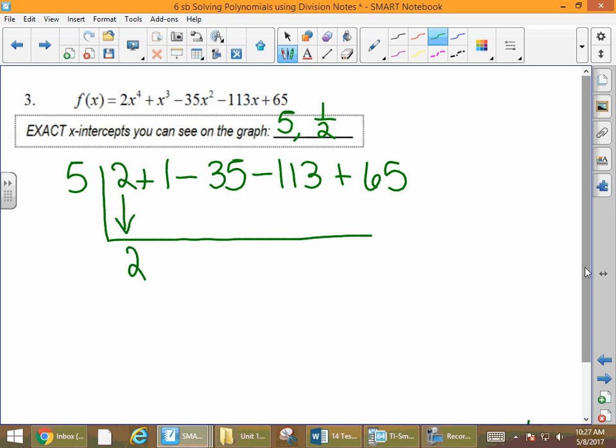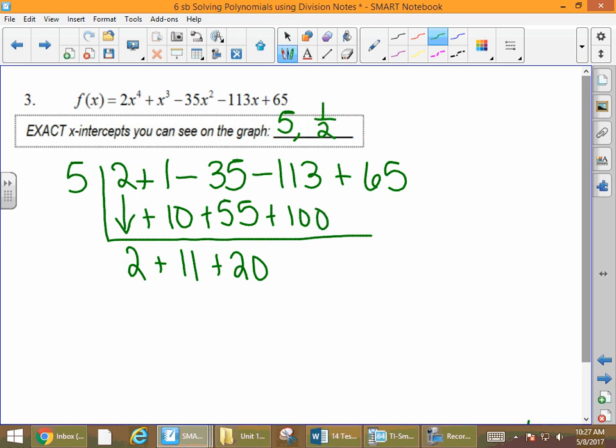5 times 2 is 10. 1 plus 10 is 11. Positive 5 times positive 11 is positive 55. Negative 35 plus 55 is 20. Positive 5 times positive 20 is positive 100.